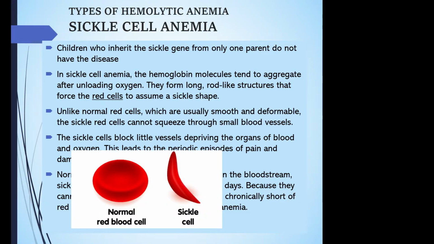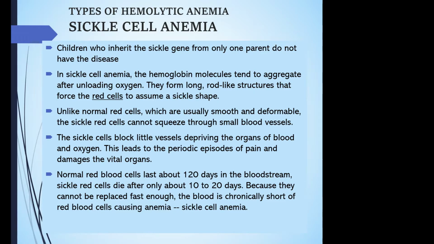In sickle cell anemia, the hemoglobin molecules tend to aggregate after loading oxygen. They form long, rod-like structures that force the red cell to assume a sickle shape. Unlike normal red cells, which are smooth and deformable, the sickle cell cannot squeeze through small blood vessels.